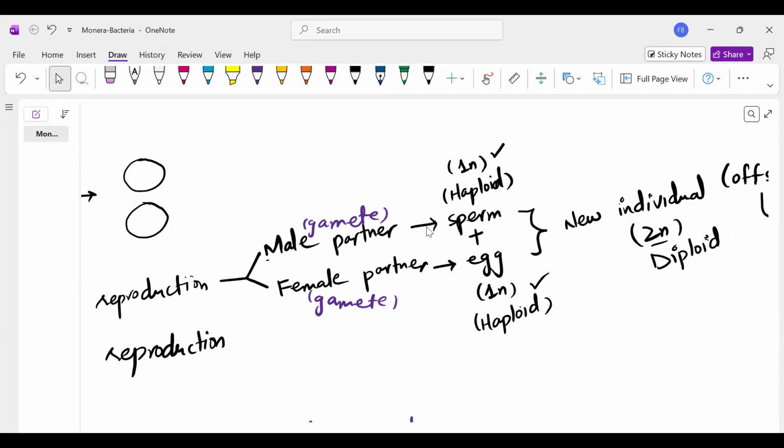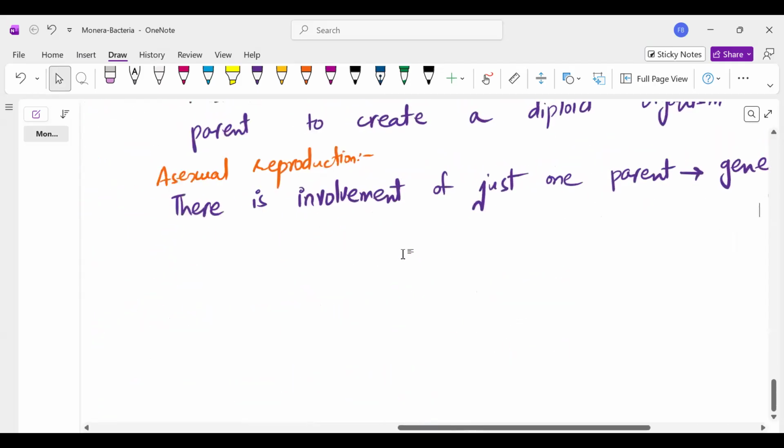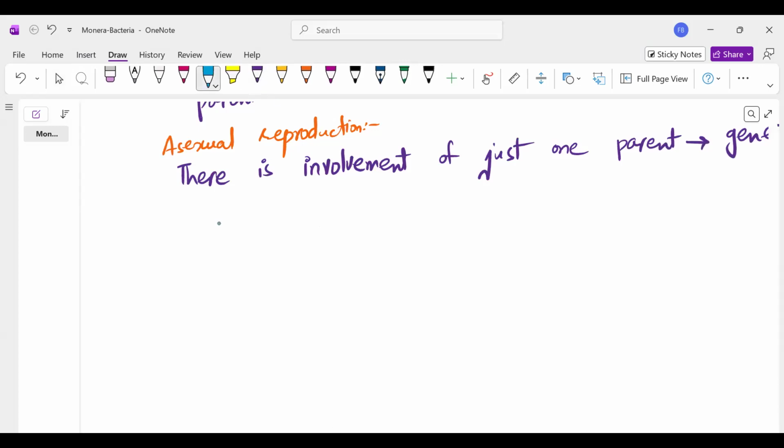But when we talk about asexual reproduction, since there is just one organism involved, there will be no variation. All the organisms will be genetically identical to each other. Okay, and how will they reproduce? I have given you the example of budding as well. For example, this is a multicellular organism.